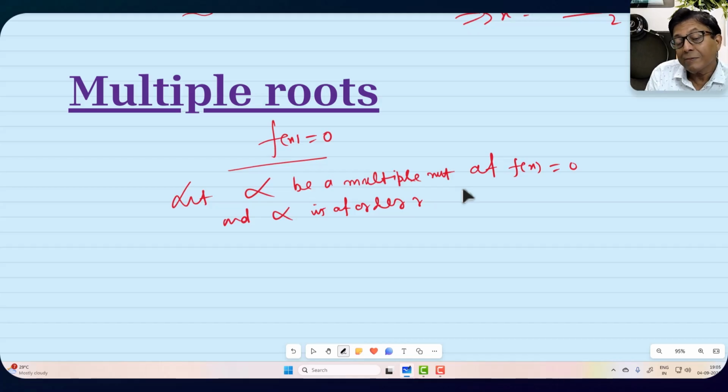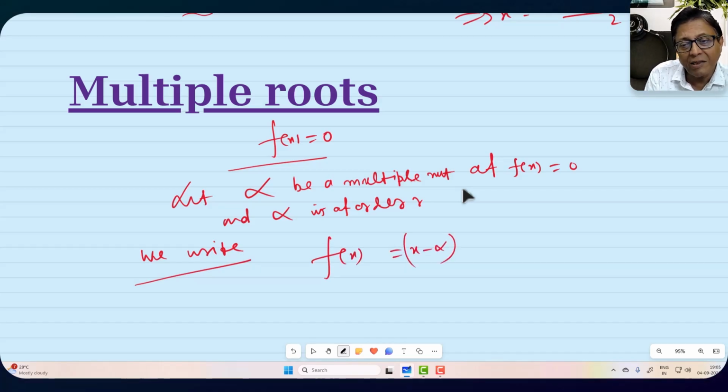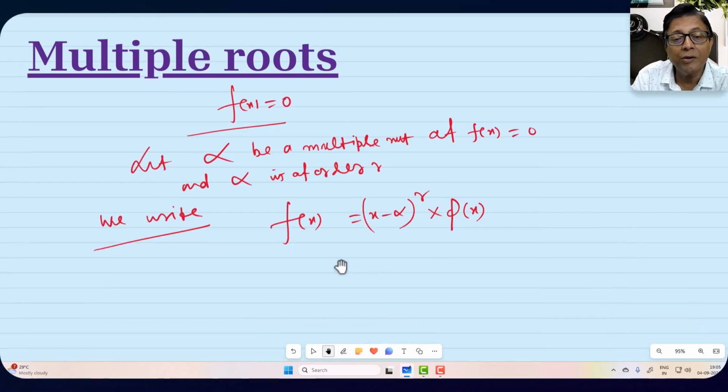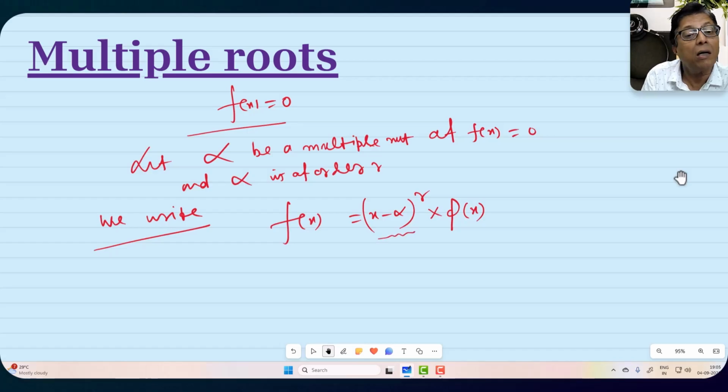Then how can we express f(x)? Maybe other roots are there. So we can write f(x) equal to (x minus alpha) to the power r multiplied by phi(x). Phi(x) is the quotient when f(x) is divided by (x minus alpha) to the power r.